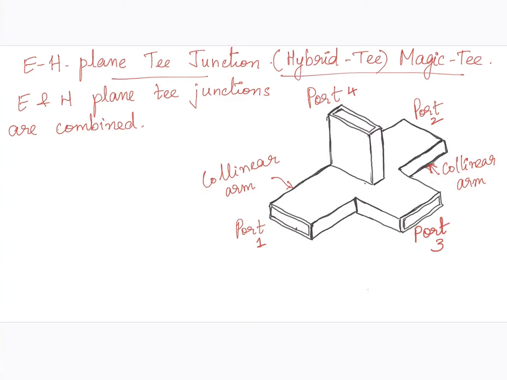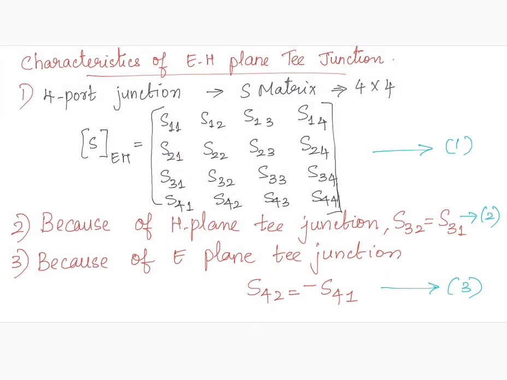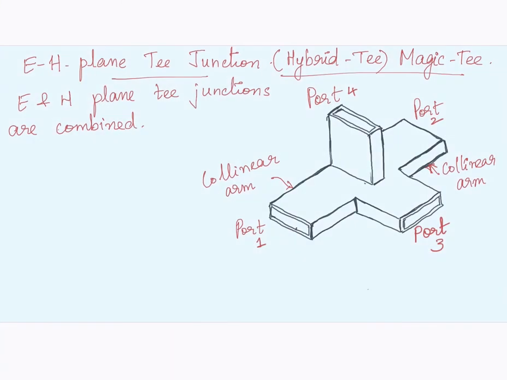Now considering the property of H-plane T junction, as per H-plane T junction, when power is fed to port 3, it gets divided equally between ports 1 and 2. So this can be written as S32 is equal to S31. Now next is the property of E-plane, that is when you feed power to port 4, it gets divided equally between port 1 and 2, but with a phase shift of 180 degrees.